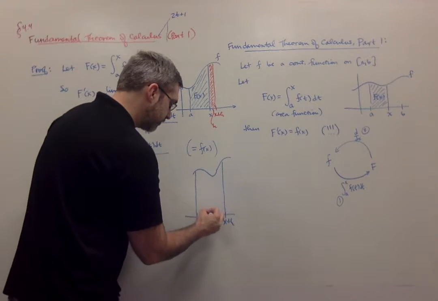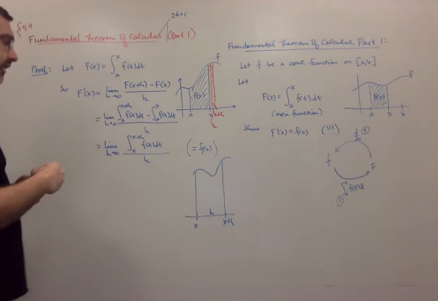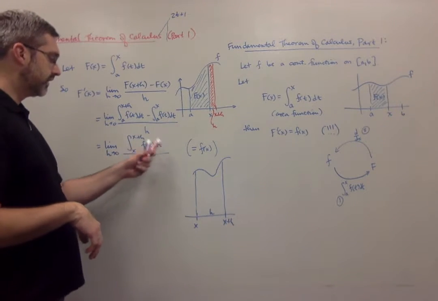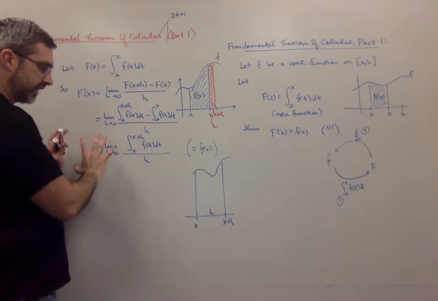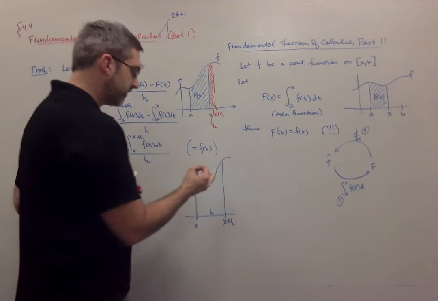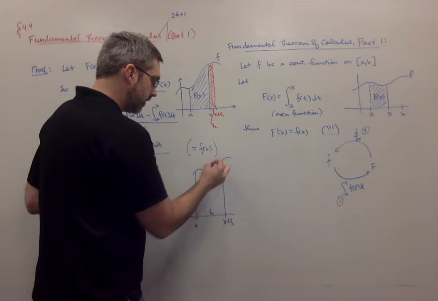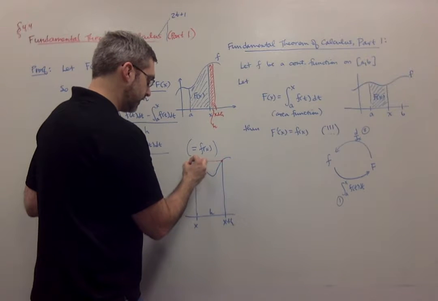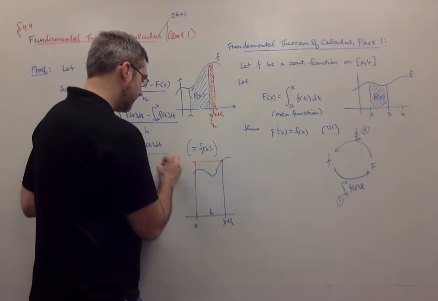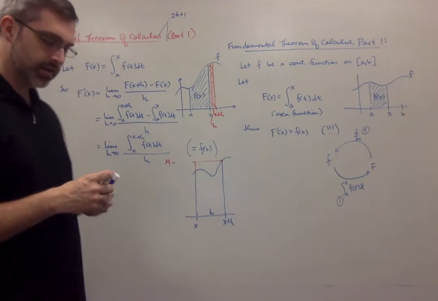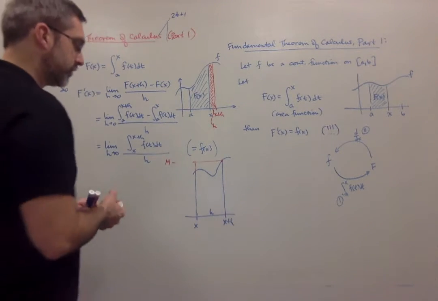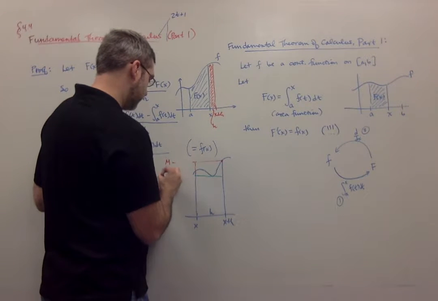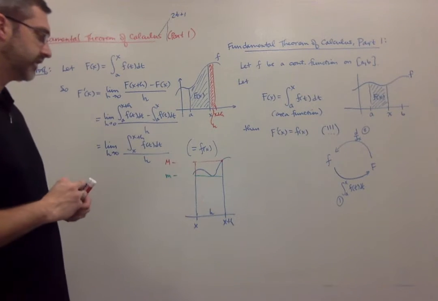So this width is h. Here's what I'm going to do. I'm going to put this problem aside just for a second. And I want you to notice that if I find the highest point on this, let's say the highest that this function gets in this rectangle right here, we're going to call the highest point capital M. And the lowest that this function gets, I'm going to call that little m. So that's the smallest and the biggest that the function gets.